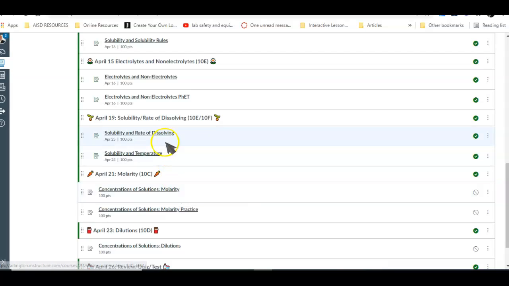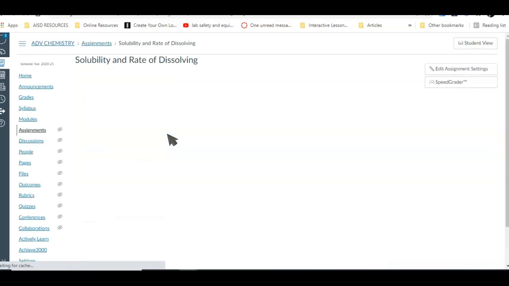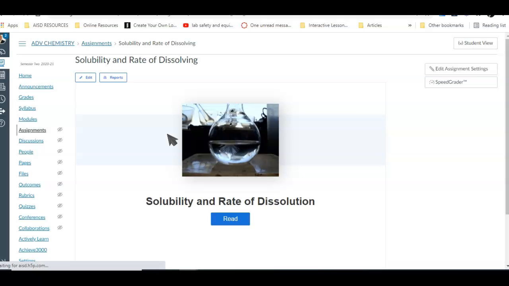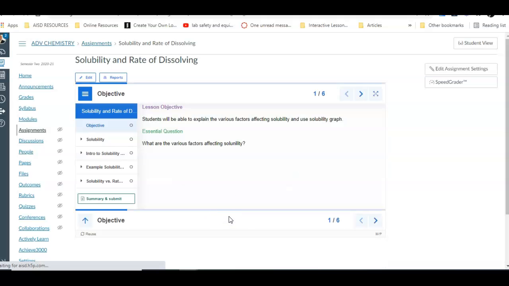And then the rate of dissolving is how fast or slow a solid dissolves in a solvent to give you a solution. Now, if you click on this lesson activity, solubility and rate of dissolving, that will take you to today's lesson activities on solubility and rate of dissolving.